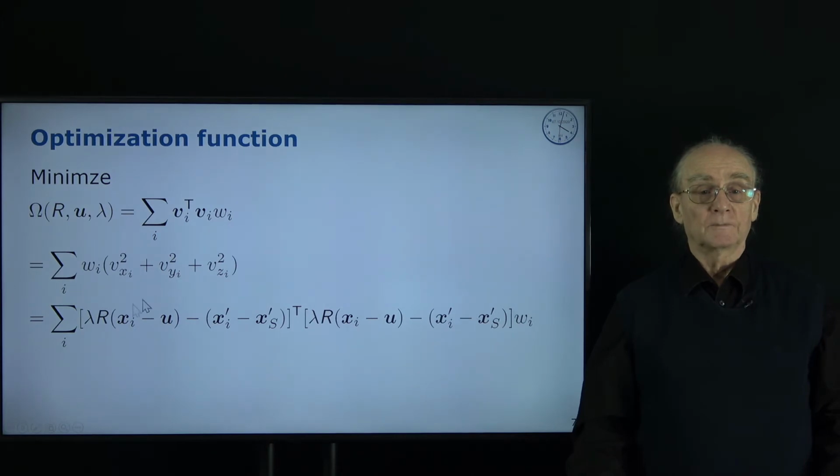And if you write that down, we have here lambda rotation multiplied with the given coordinates minus the unknown parameter u, minus the observed data minus the centroid, transposed, and the same expression, and weighted, and the sum is taken over all points. So this is what we want to find, the minimum of this function with respect to the rotation, the u, the translation, and the scale parameter. We will start with the translation parameter.